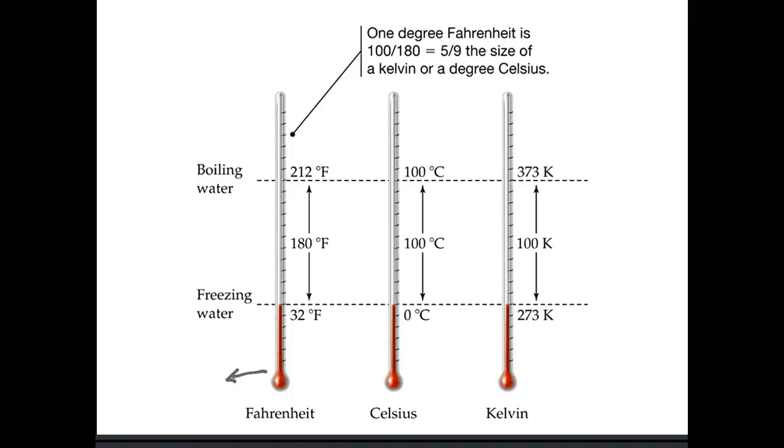He created this scale because 0 degrees on the Fahrenheit scale is the freezing point of brine. So when you mix equal parts of salt and ice, you get brine, and that has a freezing point of 0 degrees Fahrenheit. There was another temperature on his scale that I think he established as human body temperature. So there you go. Now you know what you need to know about the Fahrenheit scale.